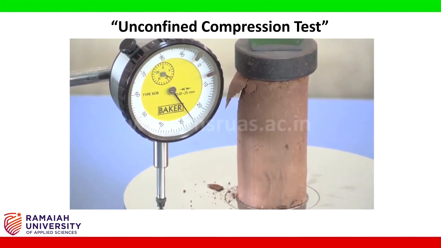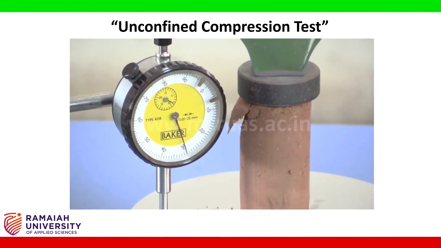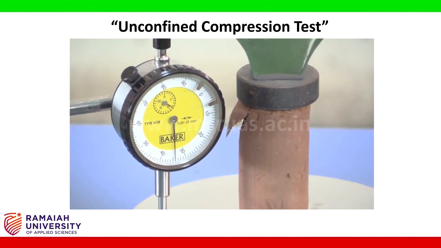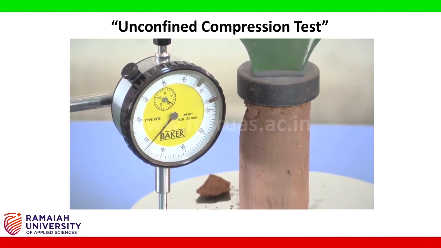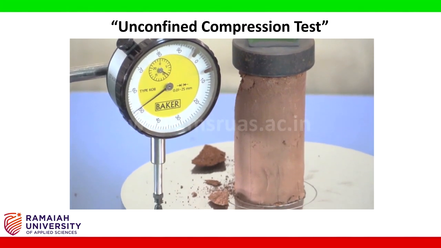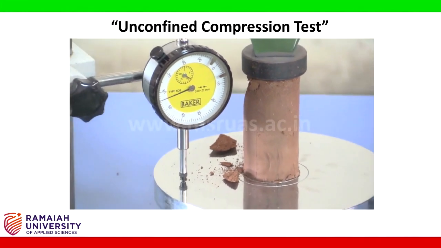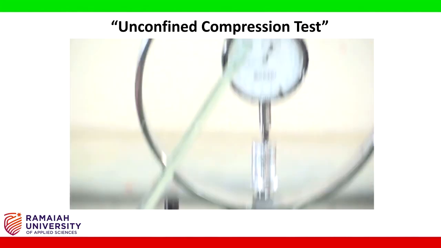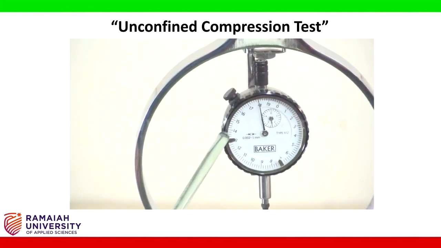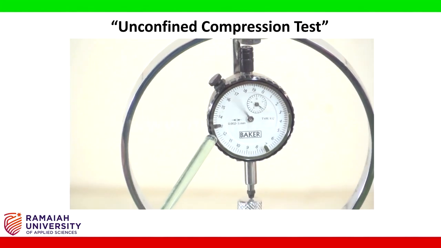Carefully observe when the needle starts reversing. Now we can observe that the proving ring reading is coming back. So now we can switch off the machine.